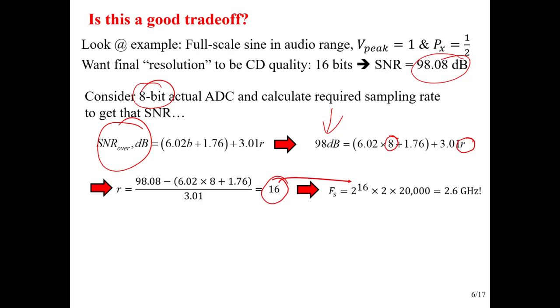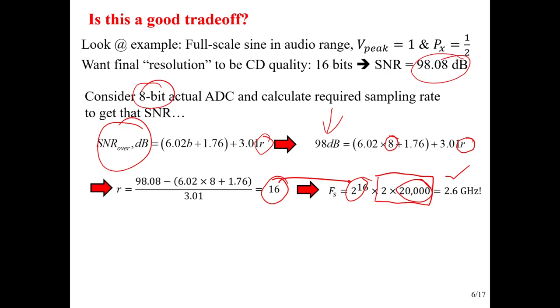And now what is my sampling rate? Remember, the D here is 2 to the R. So 2 to the R times 2 times 20,000. We're assuming 20,000 is our band edge, our FB for the audio. That's 2.6 gigahertz.